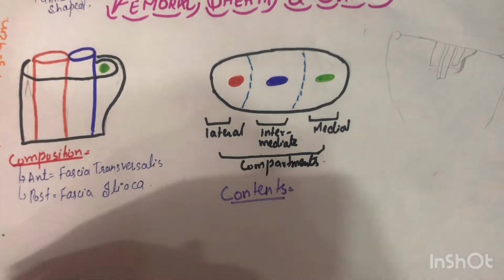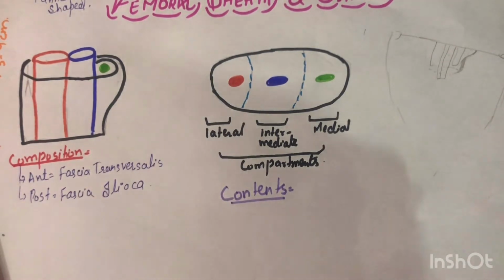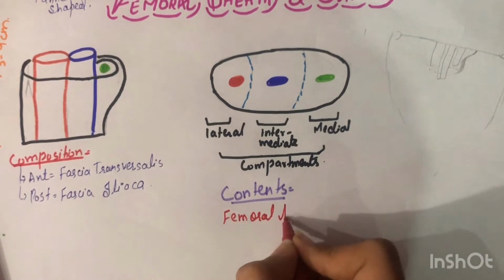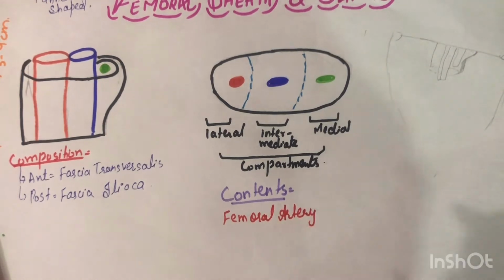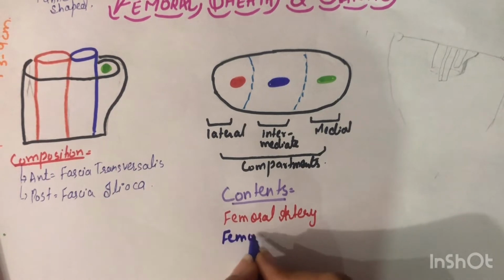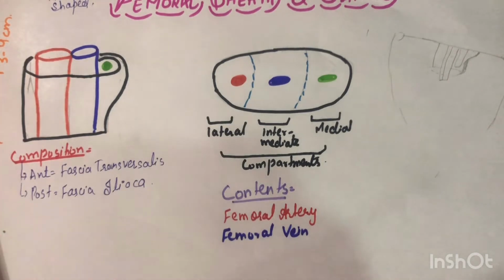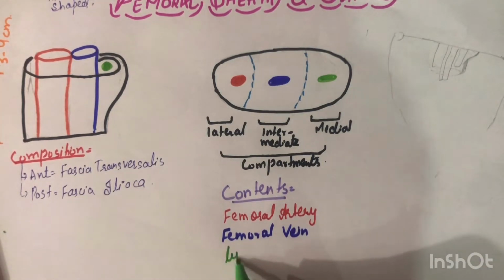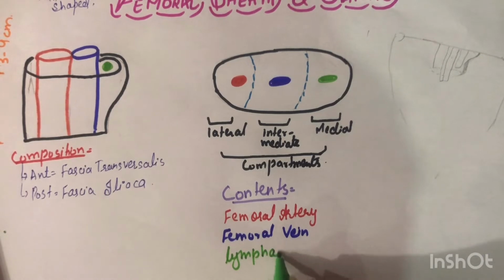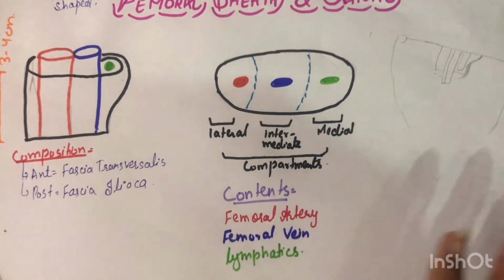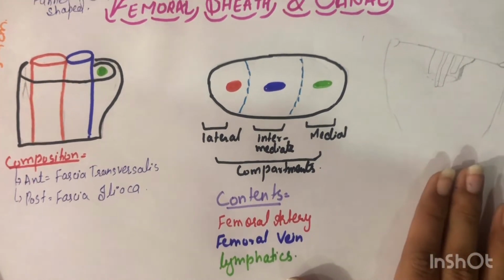Three contents. Let's revise it. The first one, femoral artery. Second one, femoral vein. And the third one is lymphatics. The lymphatics have a special name that we will discuss in the femoral canal. Lymphatics, right?